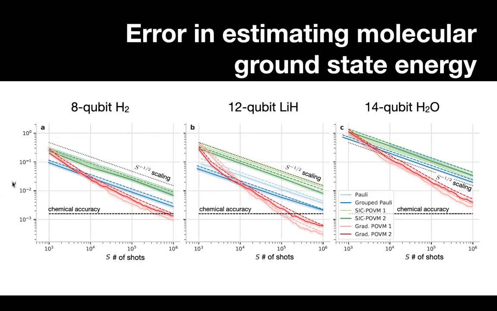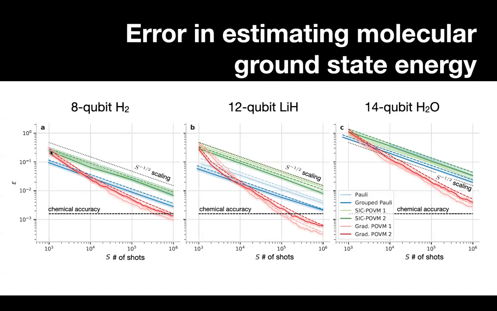The error is minimized very fast. So how do we obtain these plots? Consider at the beginning that we decided to have 10 to the 3 shots, okay? So we start from a given set of POVMs and 10 to the 3 shots.